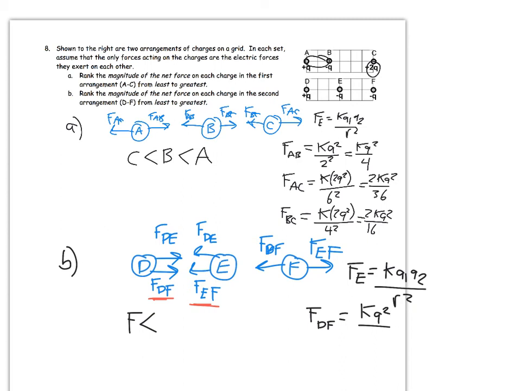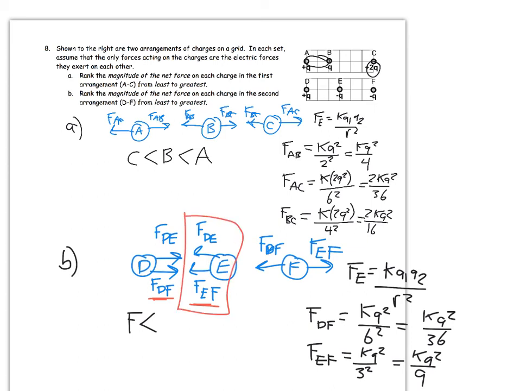So the force between D and F is going to be kq squared. Distance between them is going to be 6, so over 6 squared, or kq squared over 36. The force between E and F is going to be kq squared, but the distance there is only 3, so kq squared over 9. And so that means that the net force acting here on object E is actually going to be stronger.